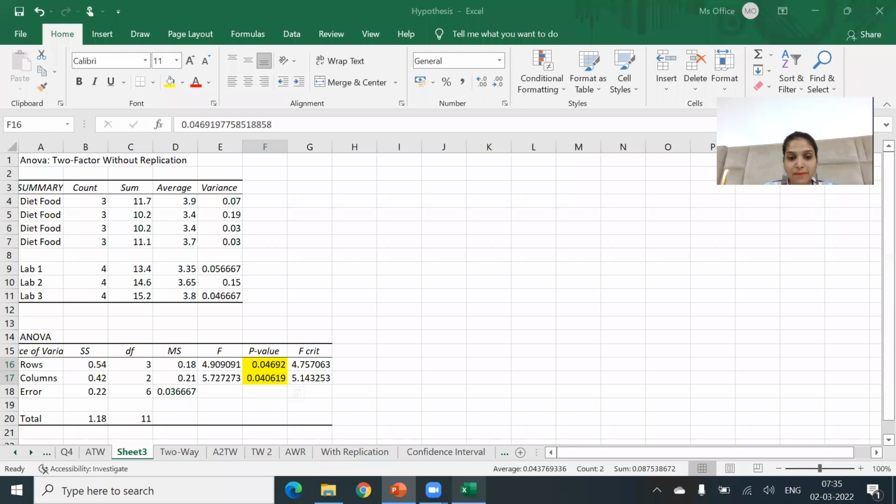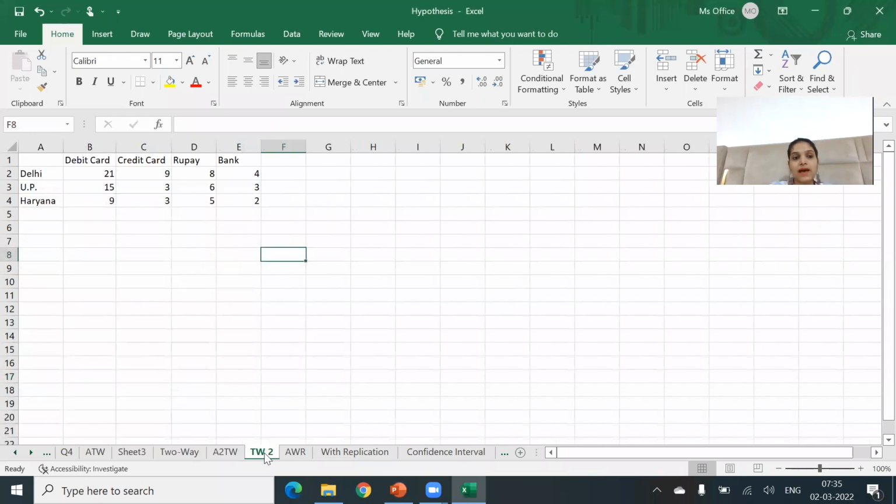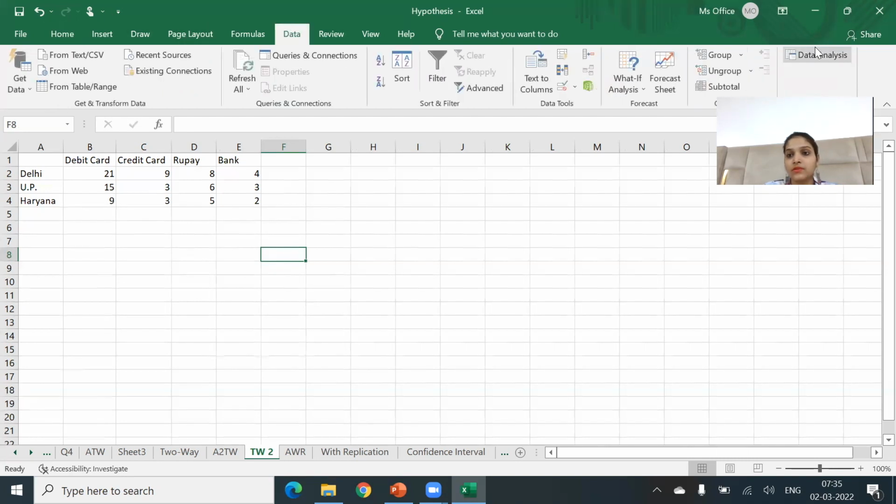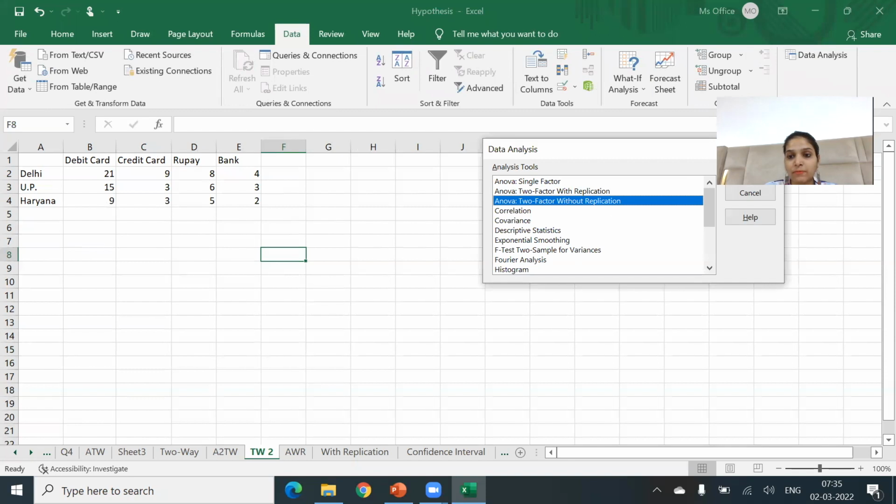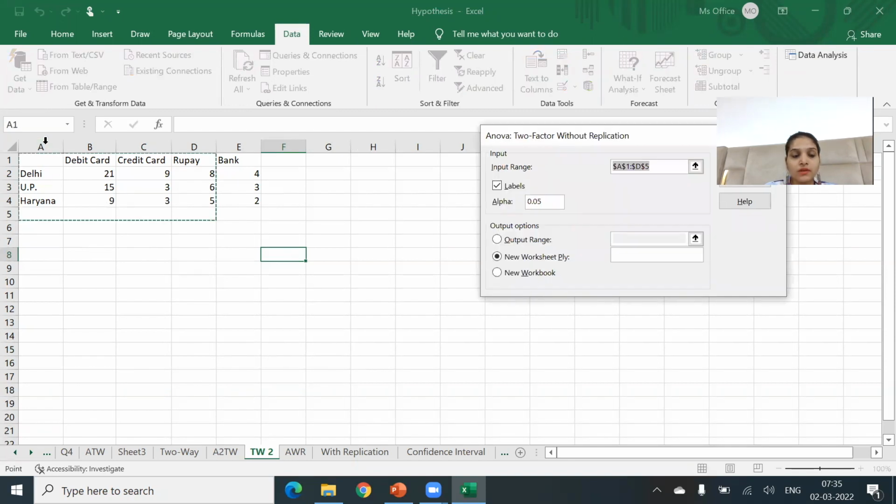Let's take one more example. Suppose I have the data of debit card payment, credit card payment, RuPay and bank transactions in Delhi, UP and Haryana. And I want to know whether there is a significant difference or not. Go to my data analysis, without replication. Okay.